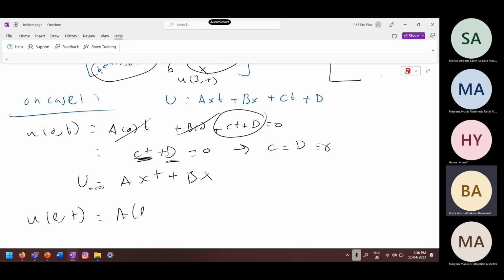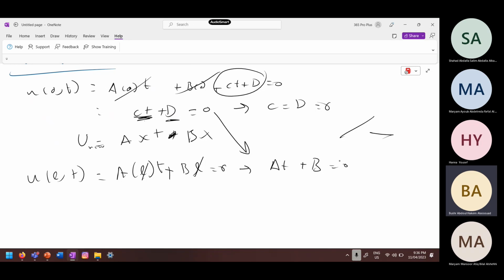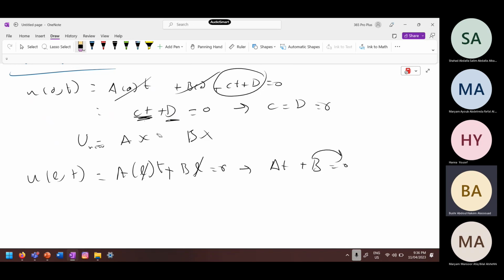So A of L, plus B of L is equal to 0. Now solve this. Both L's can be cancelled, and you will end up with A times At plus B equal to 0. Now you're having the same case here, and you cannot have a linear expression equal to a constant, because if you solve this, it will go to the other side, right? I see something stupid here.